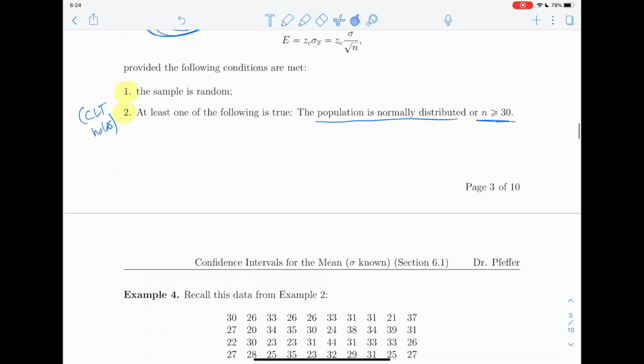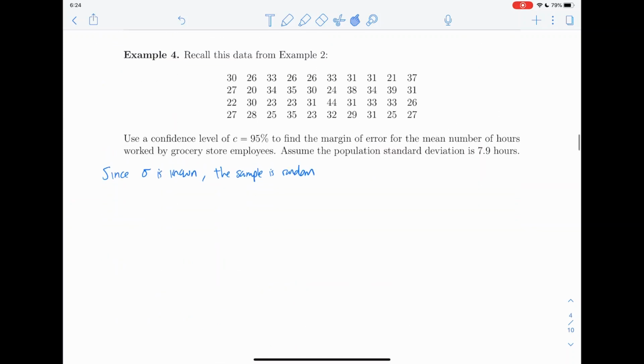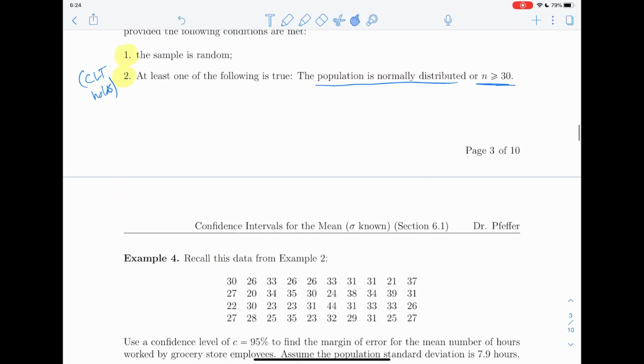That checks off the first part of that definition. And what's more is that the sample size was 40, which is greater than or equal to 30, which now checks off the second part of that definition.